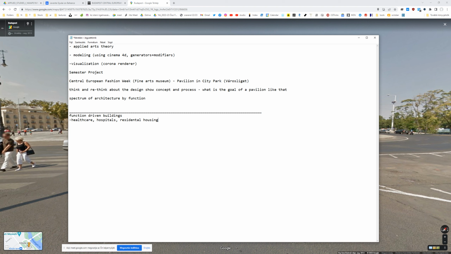But the point is to make profit. So that's why function is one of the most important things in these situations. And there are many kinds of buildings like this.